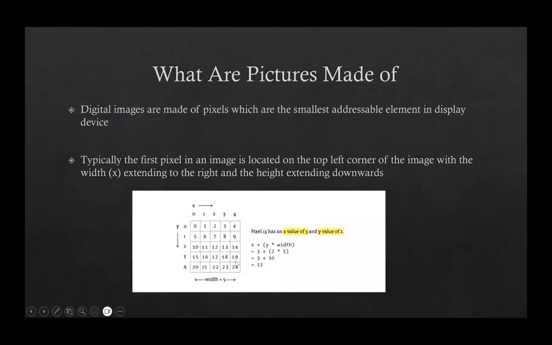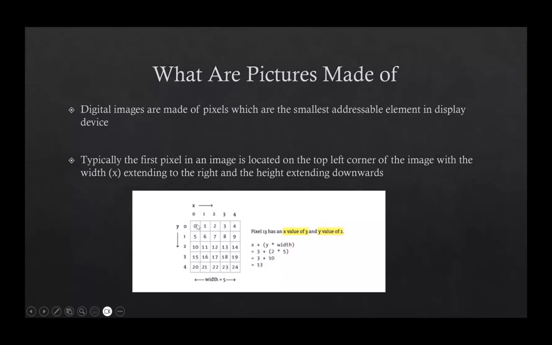For those who haven't worked with image processing before, typically the first pixel, or the beginning of your matrix, will be located in the top left-hand corner. The width of your picture, or the X element, extends out to the right.